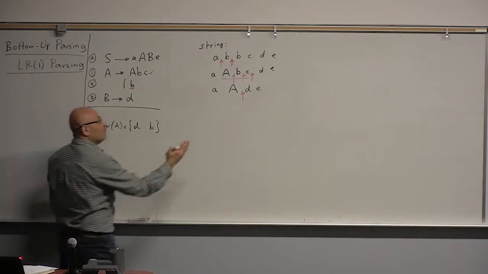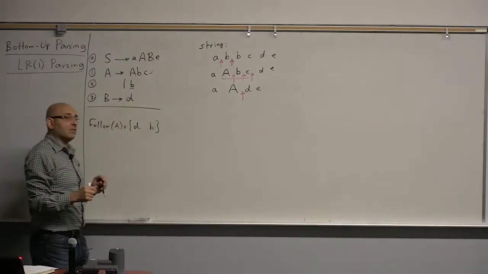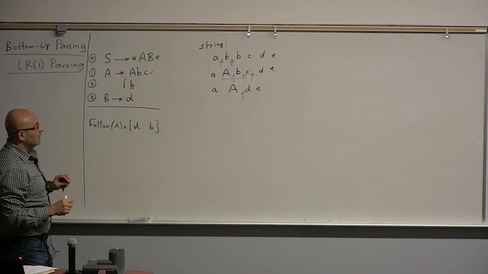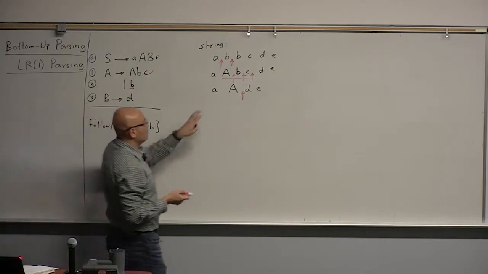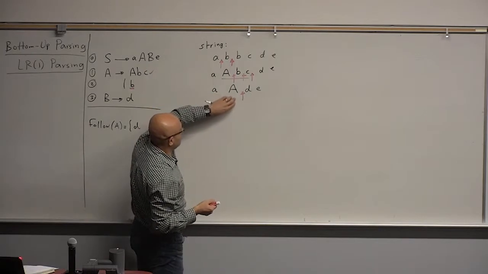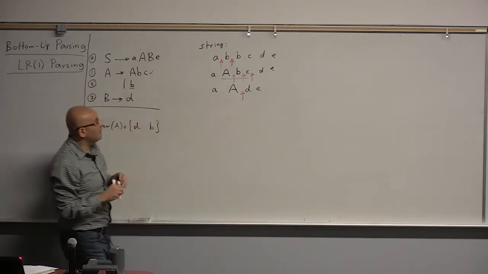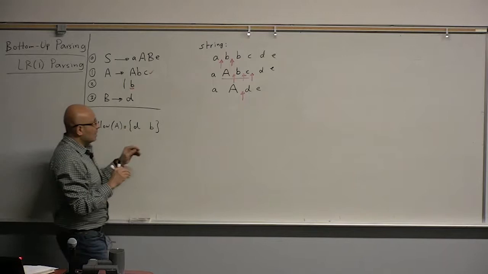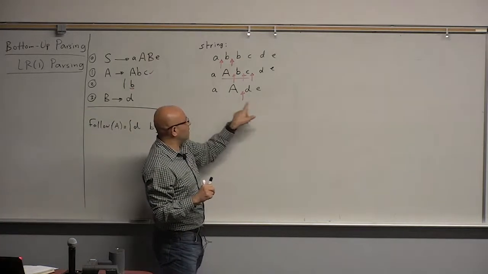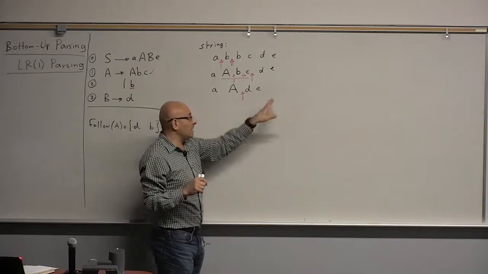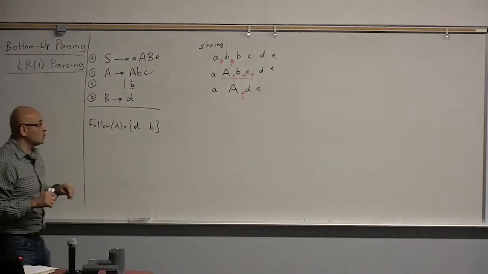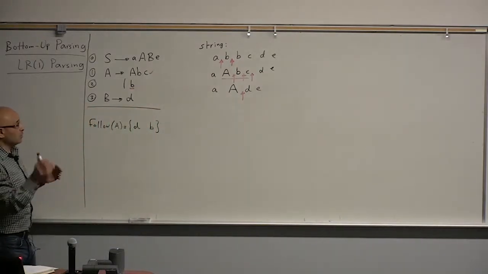Again, we look at what we have on the left-hand side of the pointer, which in LR(1) parsing will be placed in a stack. So this is the stack. This will be the stack that has what we have consumed. And what we have to the right of the pointer are the symbols in the input string that we have not consumed yet. So what we consume, we push it on a stack.